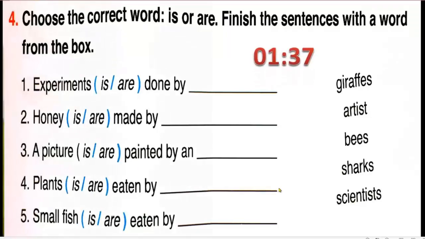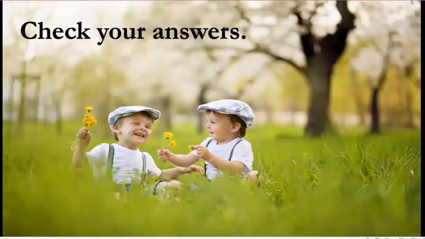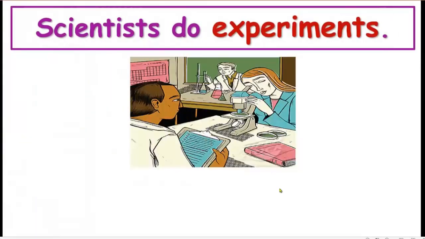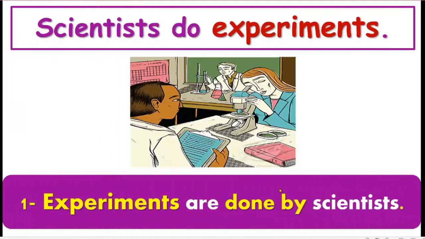Okay. Number 1. Scientists do experiments. Okay, experiments are done by scientists. Please write the answers in your student book. Experiments are done by scientists.